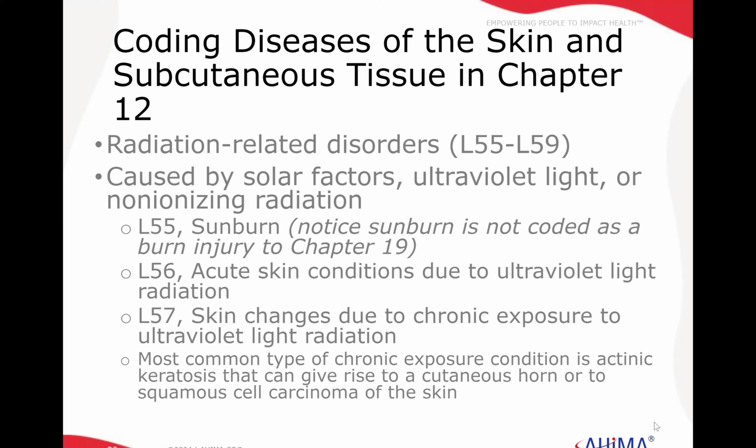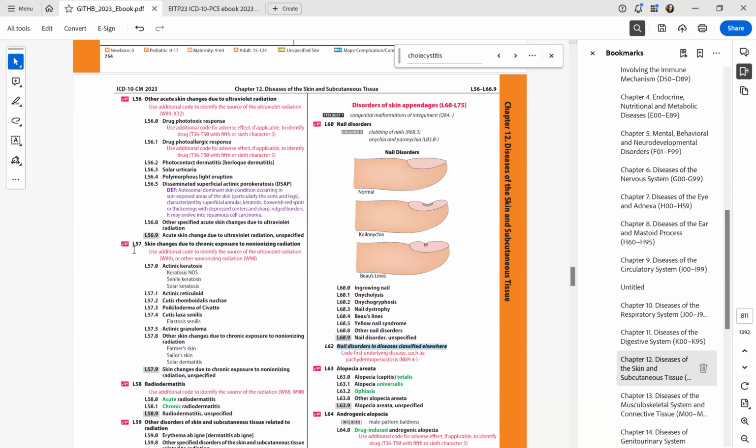Let's take a quick look at those. And you can see some of these here. And again, the important note, use additional code to identify the source of the radiation. All these things that we see talked about when you look at derm notes or go to the dermatologist, follow right here.